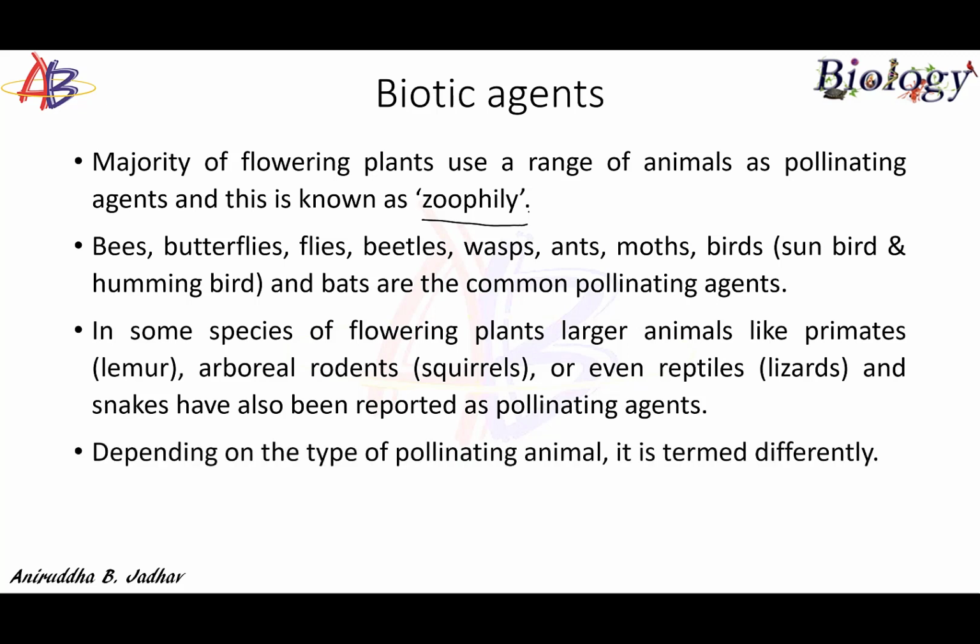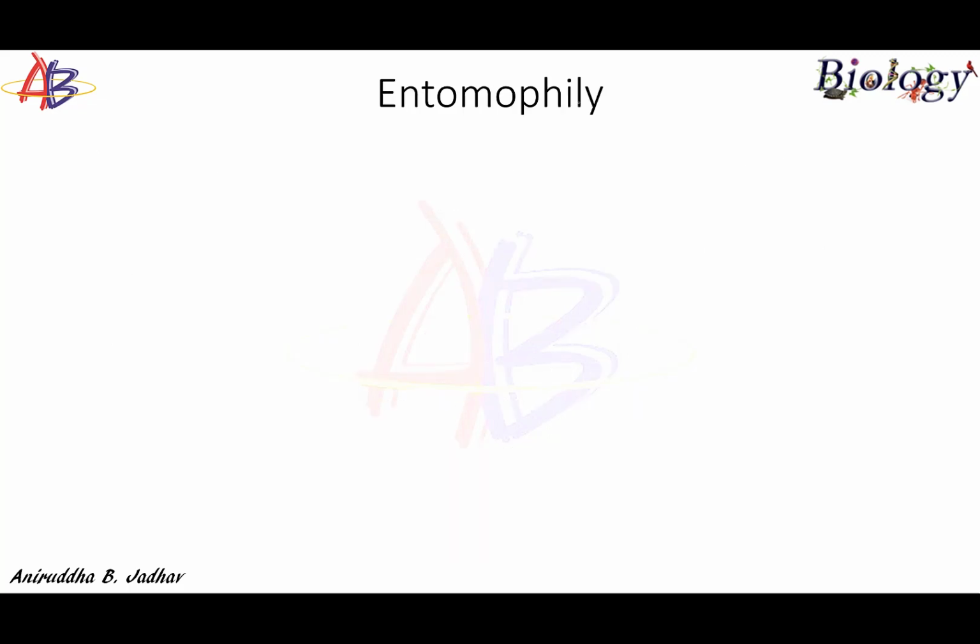Depending on the type of pollinating animals, whether it is an insect, bird, reptile, snake, or snail, this zoophily is termed differently. So let us understand those terms and a few examples of them. First, entomophily.